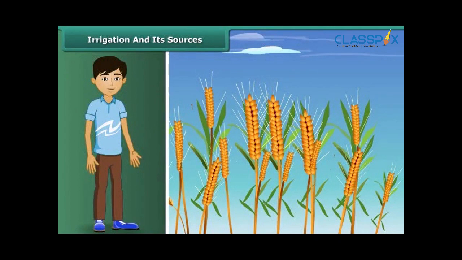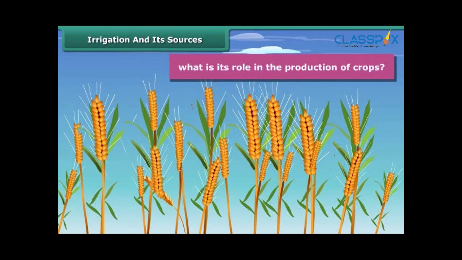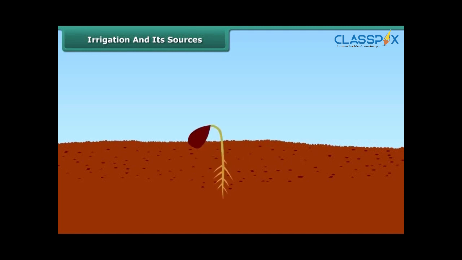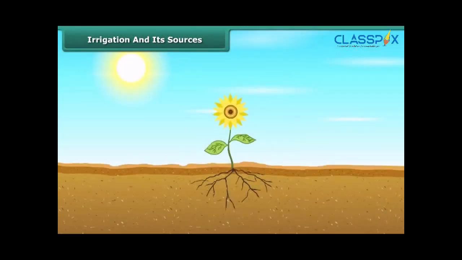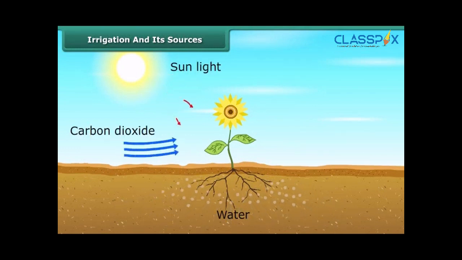Friends, as we all know, water is very essential for all living beings, but what is its role in the production of crops? Actually, water is essential for crops because germination of seeds cannot take place under dry conditions. Water is absorbed by the plant roots, and along with it, minerals and fertilizers are also absorbed.